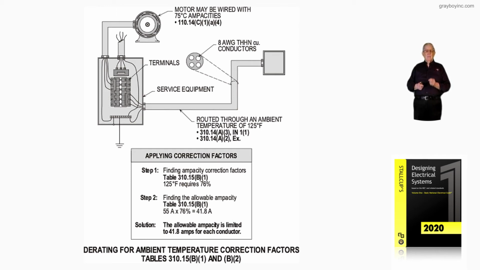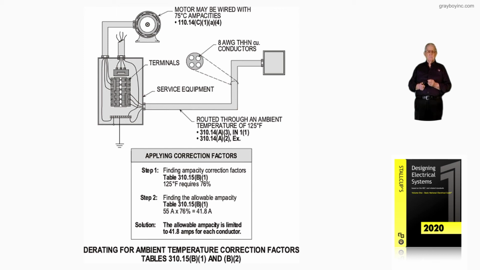Step 1, Table 310.16, a number 12 AWG THHN is 30 amps. Now, some engineers would still use the 75-degree column, and that's okay if they want to do that, but they don't have to. They could use the THHN 90-degree column for that number 12 of 30 amps. In step 2, Table 310.15C1, 8 conductors is a 70% derated adjustment factor.